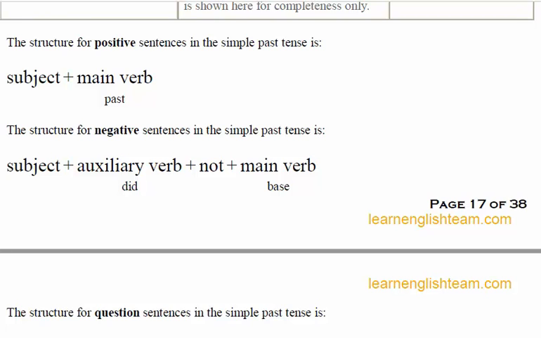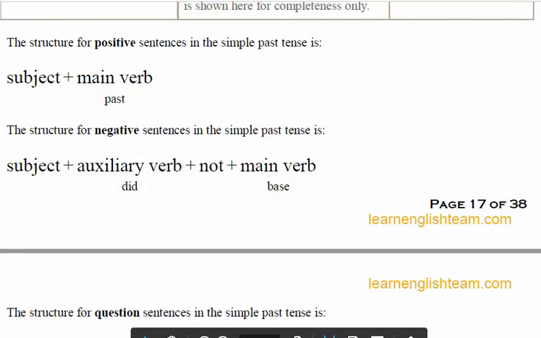So you can use the first form along with did. But in the positive sentence, there is no auxiliary verb like did, so you can use the second form of the verb, which is the past. Keep in mind, there is a difference between the auxiliary verb in positive sentences. In the simple past positive, there is no auxiliary verb, but in negative sentences there is the auxiliary verb did, and we also add not for the negation, and the first form main verb, which is the base.